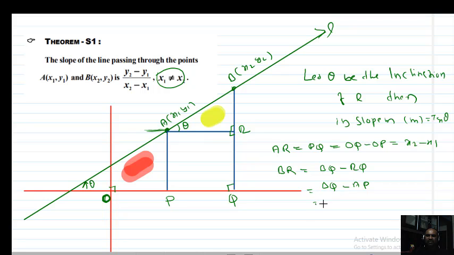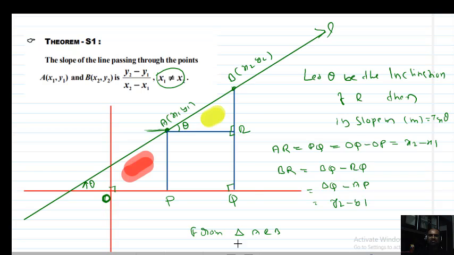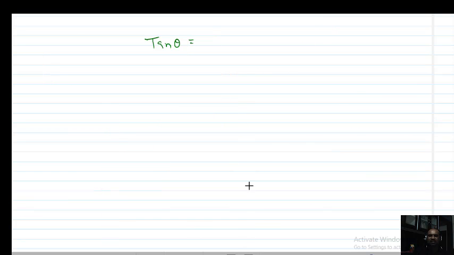So BQ means y2 minus y1. From triangle ARB, tan theta is equal to BR by AR, that is y2 minus y1 by x2 minus x1.